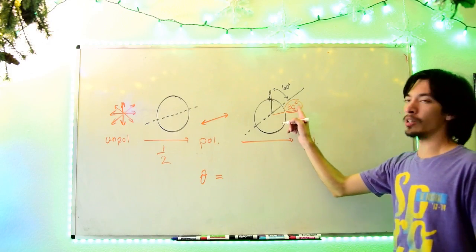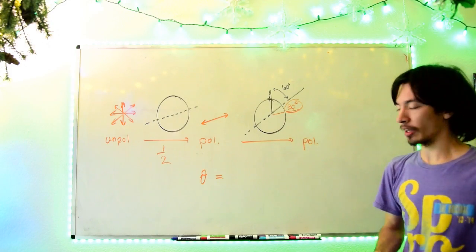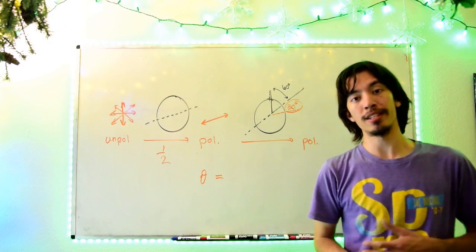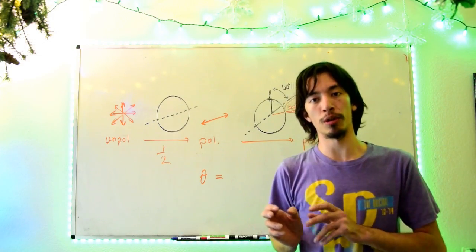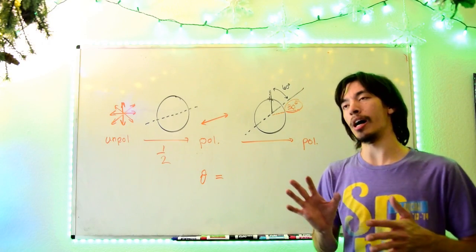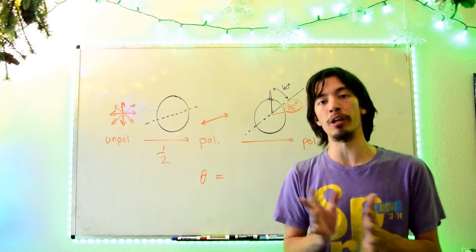So in that case, you would have used 30, not 60. Okay, so that's how it would affect your answer if I said something was with respect to the horizontal or with respect to the vertical. So you have to pay attention to what the angle is between what and what.